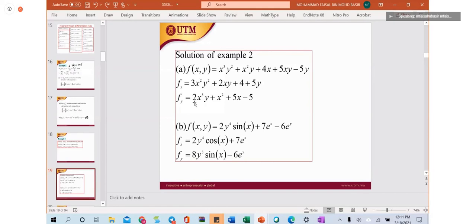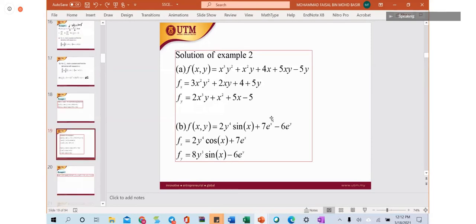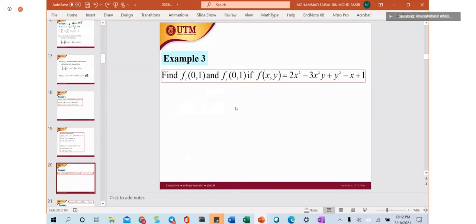Fy will be 2x cubed y, with respect to one. Okay, thinking is okay. So second, find fx(0,1). I will do for you, okay?